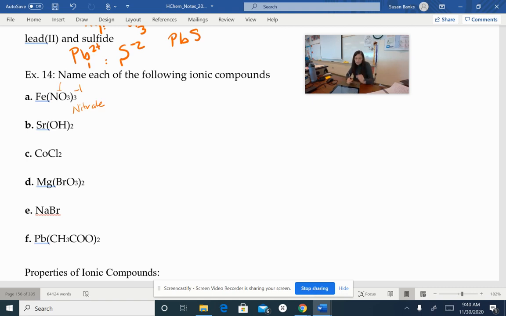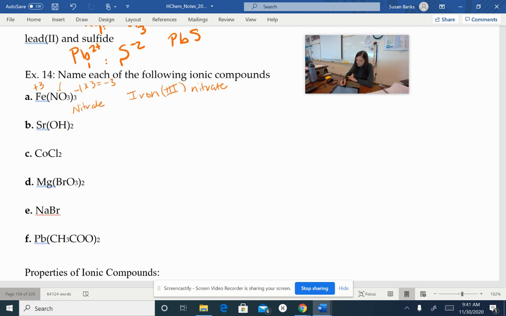So if I have 3 negative 1s, that gives me a negative 3 charge. So what plus negative 3 equals 0? Hopefully you said positive 3. So that means that iron is positive 3. So I'm going to have to designate that with Roman numerals. So I have iron 3 nitrate. How'd you do on that one?